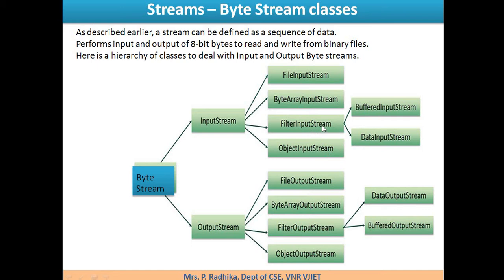So the filter input stream is again divided into two subclasses: buffered input stream, data input stream. The output stream is divided into file output stream, byte array output stream, filter output stream, which is again subdivided into data output stream and buffered output stream, as well as object output stream.